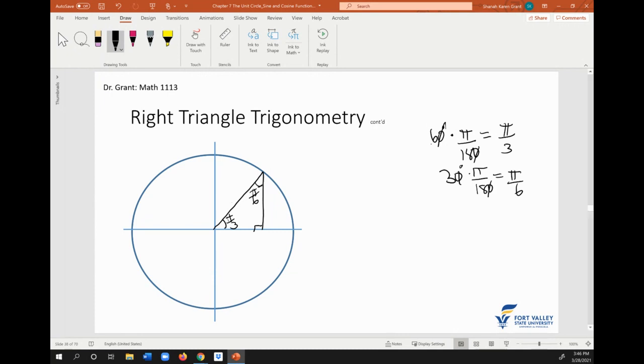Basically, if the base is S, and that's going to be the side opposite to your 30 degrees, then your hypotenuse is going to be 2S, and your other leg, or your opposite, is going to be the square root of 3 times S. So this is just something to keep in mind. It's just a special type of triangle. The right triangle always has this relationship with the sides.